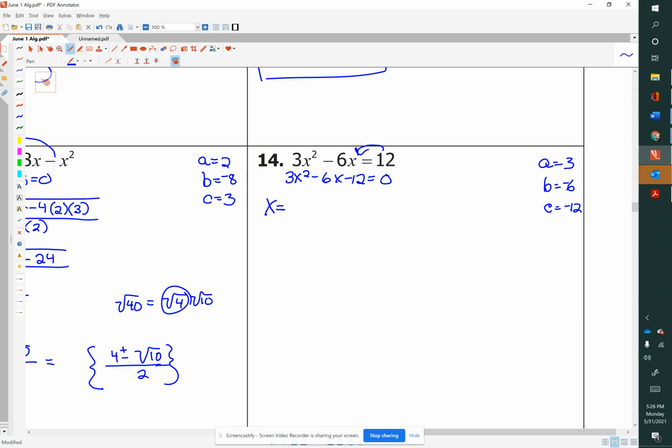X equals, and since we have a negative B, it will be positive here, 6 plus or minus, nice long radical sign, negative 6 in parentheses, squared minus 4 times the A value times the C value. And all of that is divided by 2 times the A value. And then we just begin to simplify.